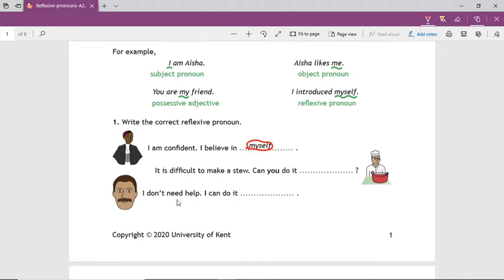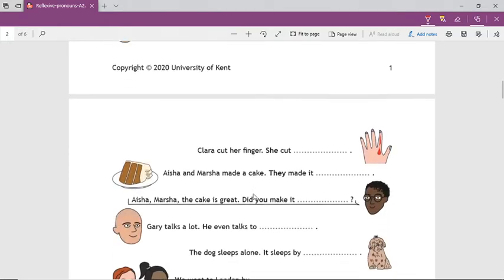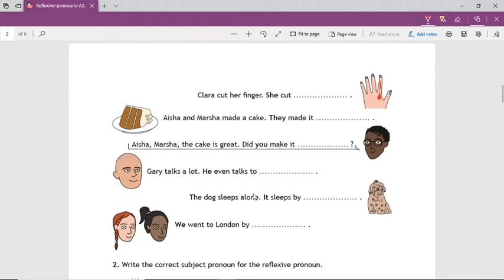I don't need help. I can do it blank. And I'll leave that for you to work out. Clara cut her finger. She cut. I'll leave you to make up your mind for that.